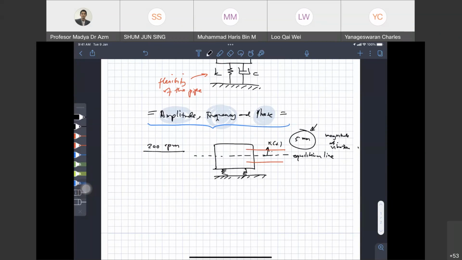So if you want to convert it to hertz, 300 rotations per minute. 1 minute is how many seconds? 60 seconds. So 300 divided by 60 is 5, right? So 5 hertz.